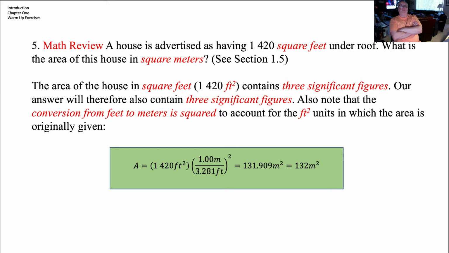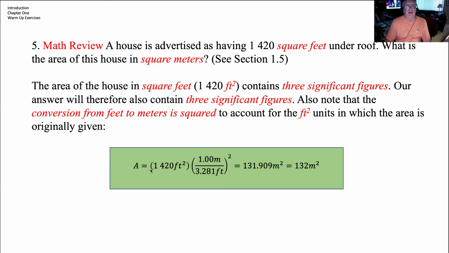Our answer will therefore contain 3 significant figures. So you need to be thinking about this with every problem that you solve. Also note that the conversion from feet to meters is squared. So this will account for the feet squared units in which the area is originally given.